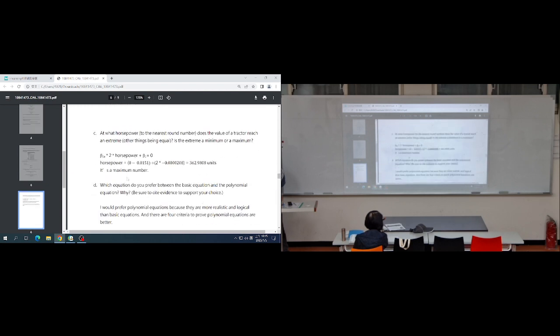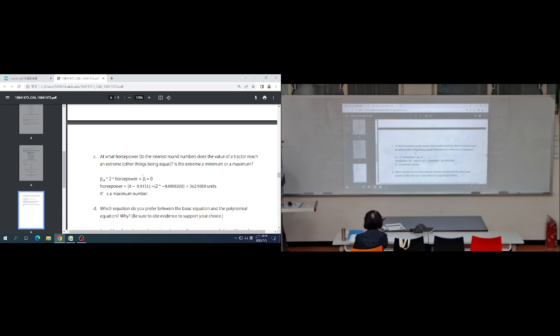And part C, this formula also from the textbook, and I just put the number in and got this number, yeah. And yes, a maximum number.